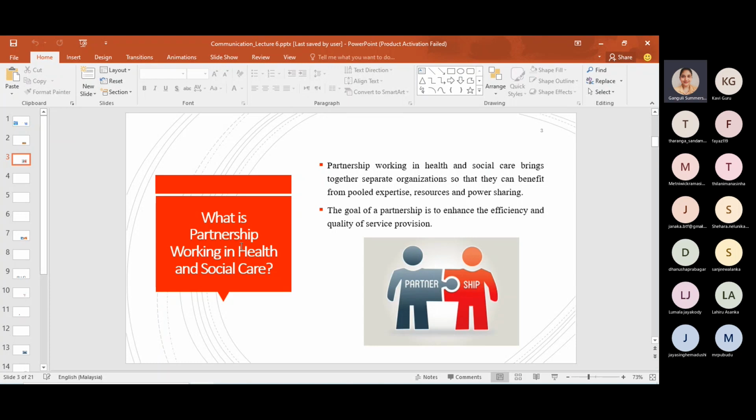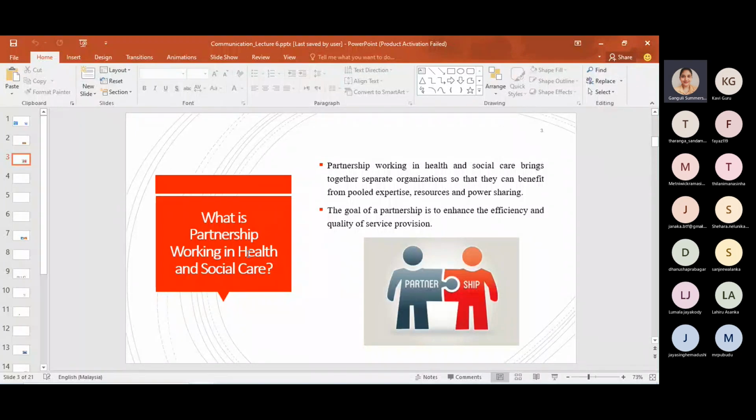Okay, because if you think about organizations working alone, just forget about partnership working for a while.